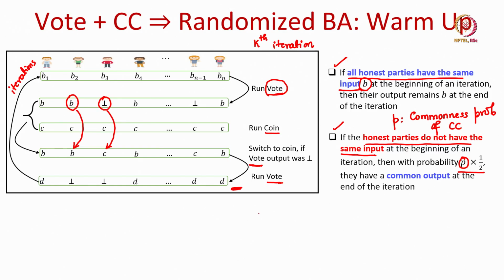So, what is the probability that the parties who are switching their inputs from bot to a non-bot value, that non-bot value which is actually the output of coin, turns out to be the output of vote? That probability is p over 2, because the instance of coin is invoked only after the vote gets over.